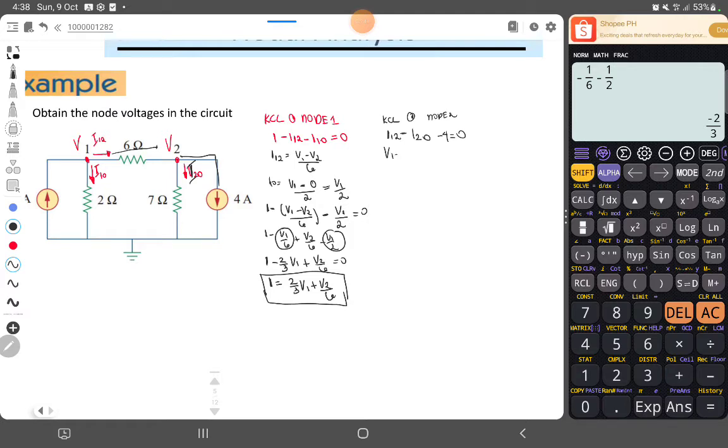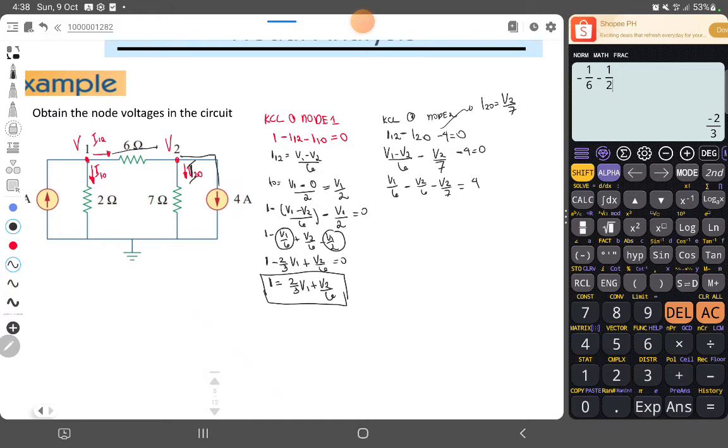My I12 is equal to V1 minus V2 all over 6. My I20 is, V2 I should say, so I20 is equal to V2 all over 7 ohm. So minus V2 over 7 minus 4 equals 0. By combining like terms, you have V1 over 6 minus V2 over 6 minus V2 over 7 is equal to 4.